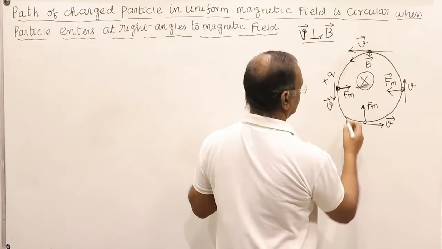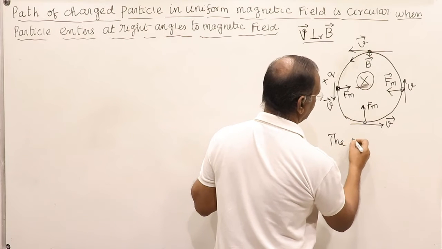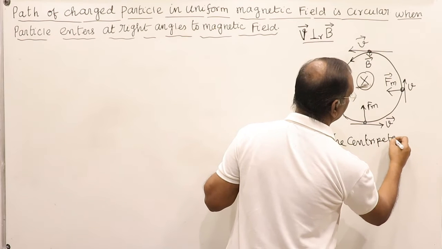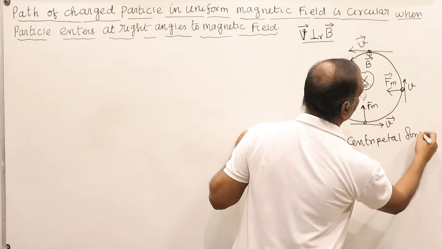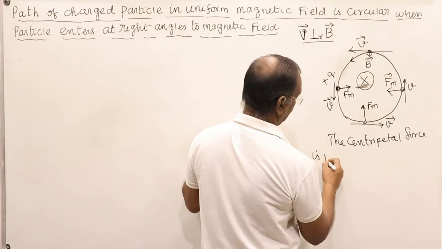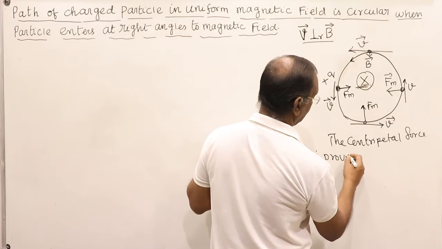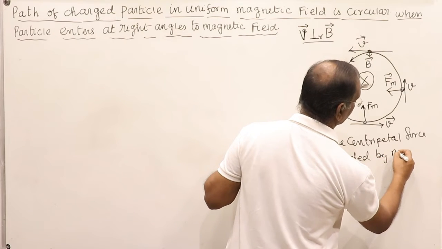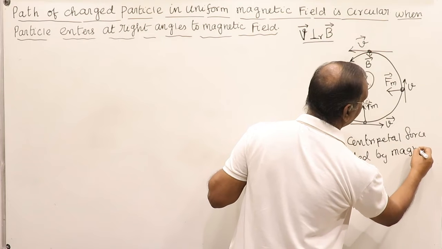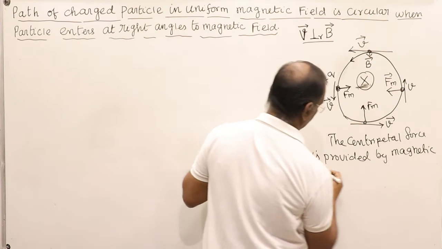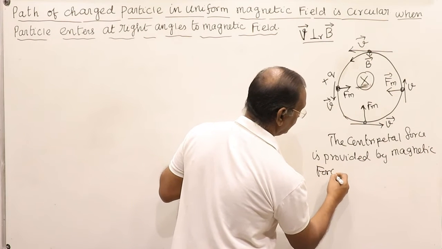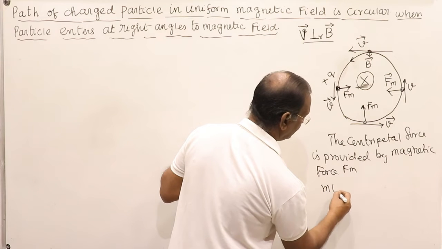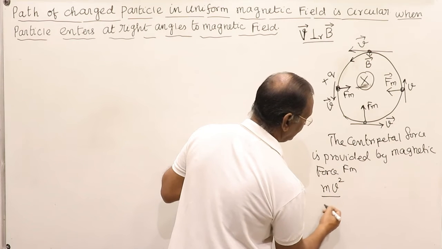This centripetal force is provided by the magnetic force Fm. That is, the centripetal force is mv square by r.